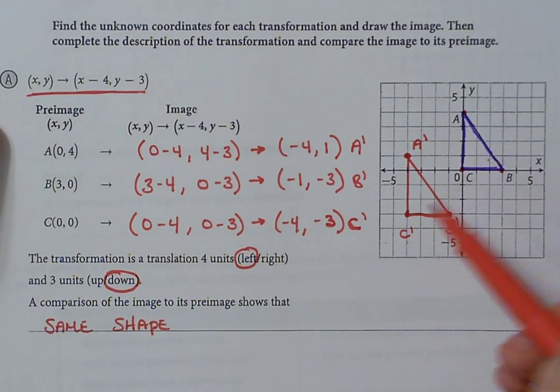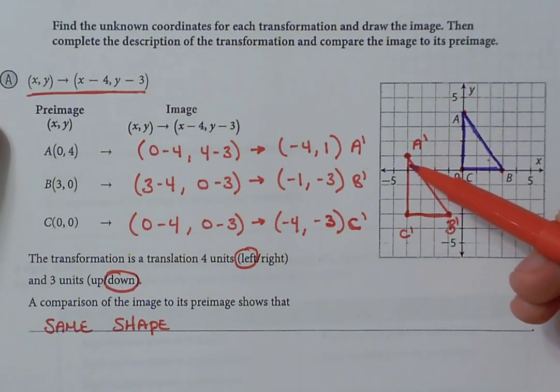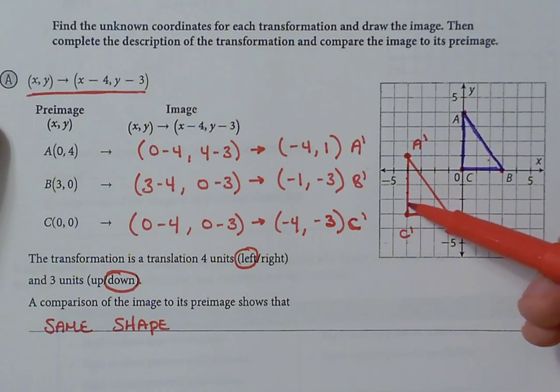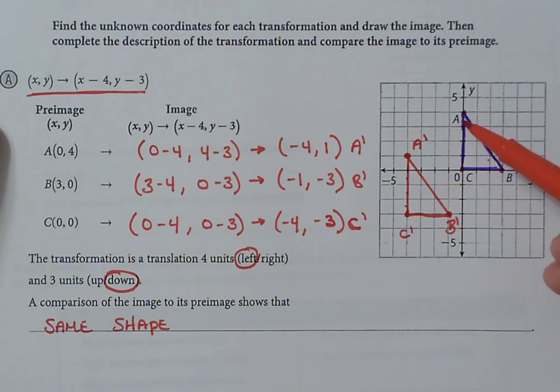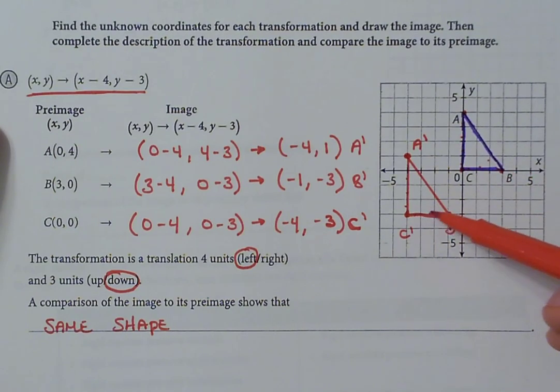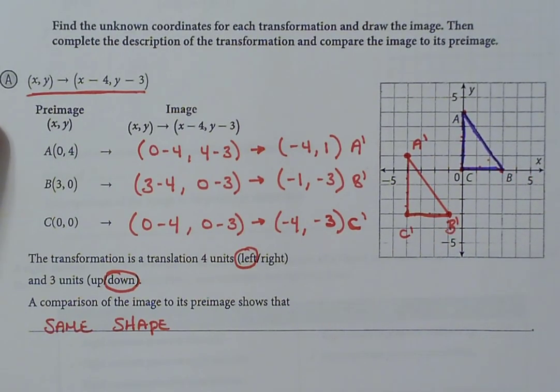And then, are these two triangles the same size? If we look at this side, it's 1, 2, 3, 4, and then this side, it's 1, 2, 3, 4. Then 1, 2, 3, and 1, 2, 3. So the two triangles are, in fact, the same size as well.